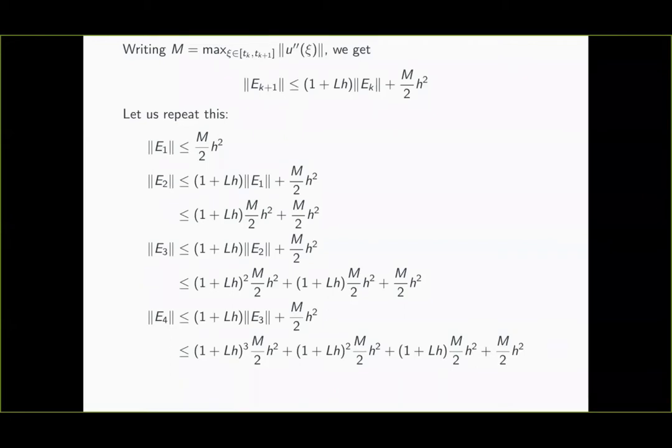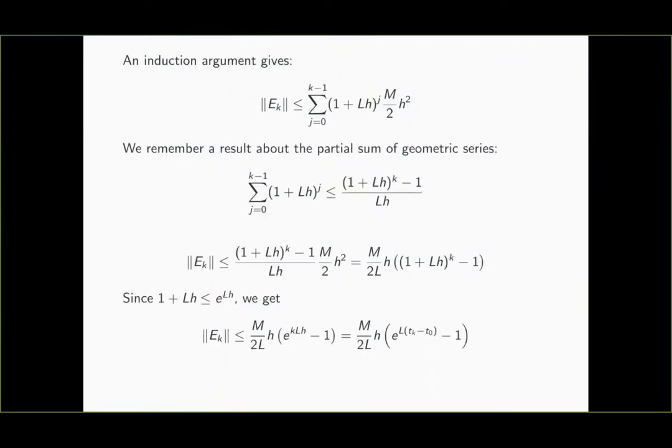So more formally, I can use an induction argument to show that the error at time step tk in Euclidean norm is bounded from above by the following expression, namely I sum up from j equals 0 up to k minus 1, (1 + LH) to the jth power times M/2 h squared.